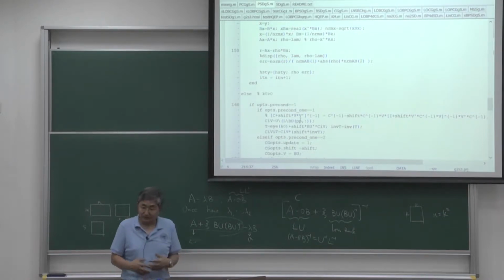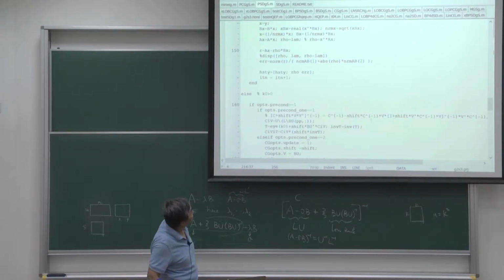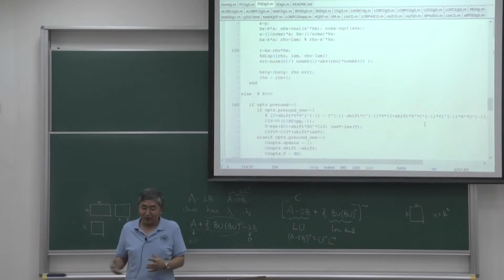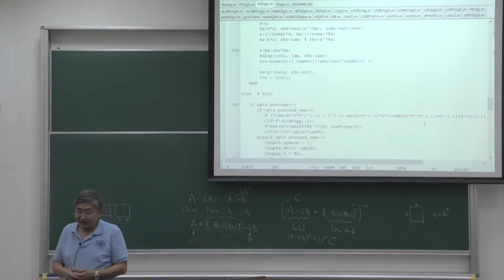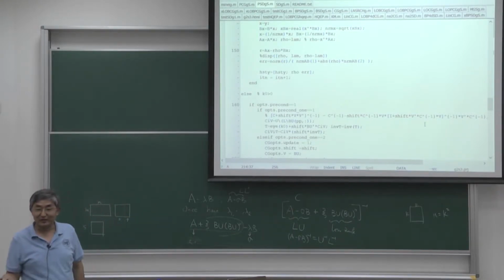When you implement it, because BU is already known, when you do preconditioning, you don't really want to compute the inverse, as I said. But this part you can pre-compute a lot of things. K0 is typically small. In the example I ran for 4 eigenvalues, K0 is at most 3.